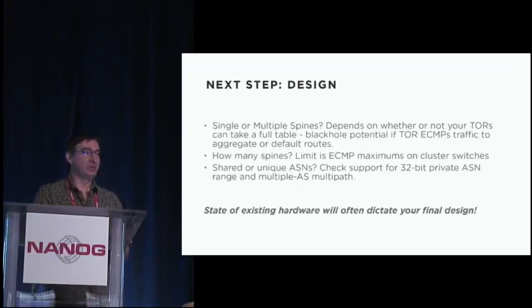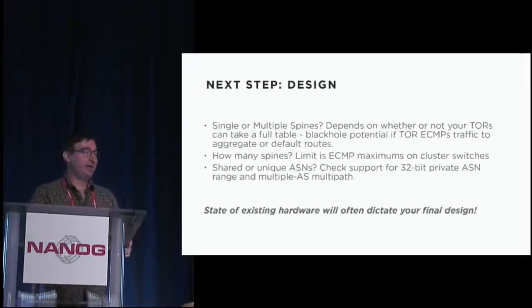That spine will scale very nicely, and it should do everything we need it to do, I hope. How many spines can you put in your data center? How wide can you go? How wide can your cluster switches do ECMP? Are they 64, 128? Sometimes they might be as small as 8 or 16, depending on your hardware. That's going to limit your scalability at that point.